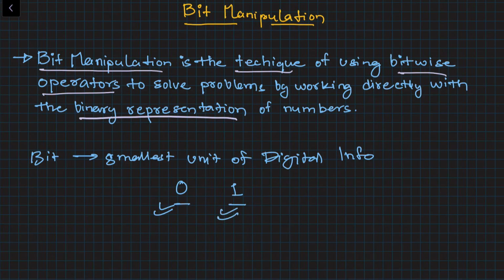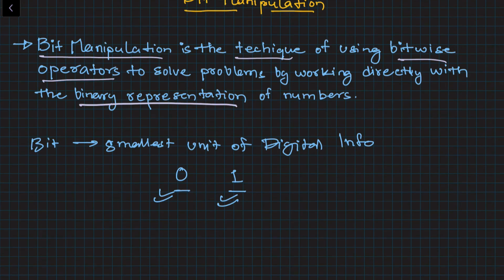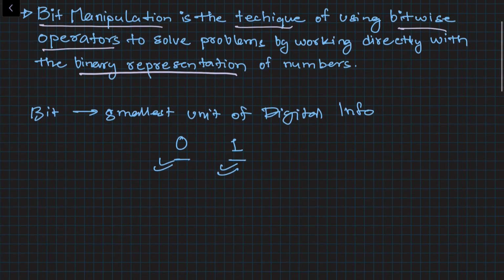Why do we have to perform operations at the bit level? We have other number types like decimal, float, and boolean, and these are also used to solve problems. So why do we need to perform operations at the bit level? The thing is, at the bit level it is much faster. So our question is, why bit manipulation?